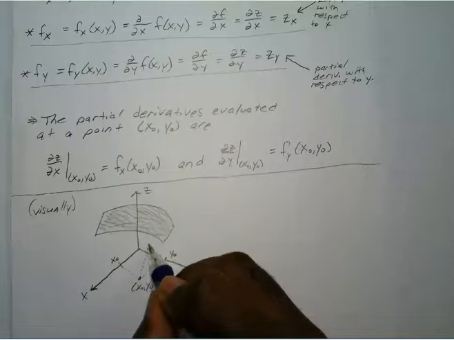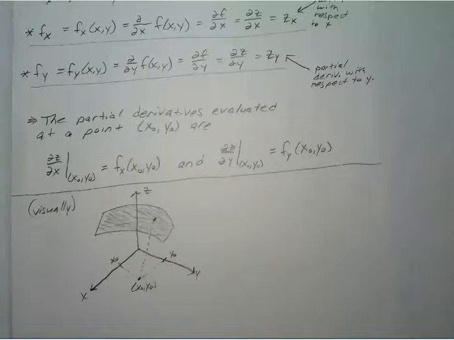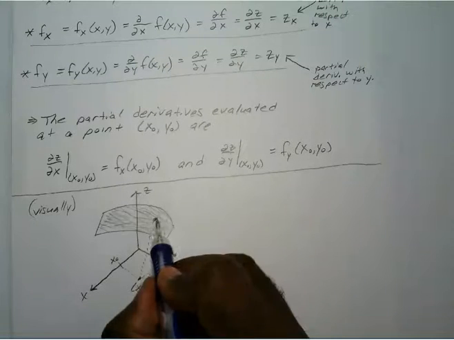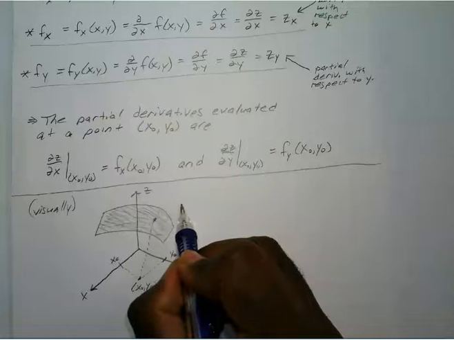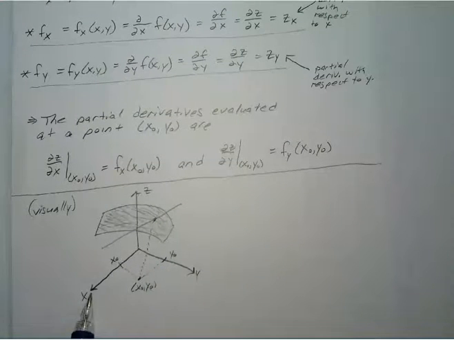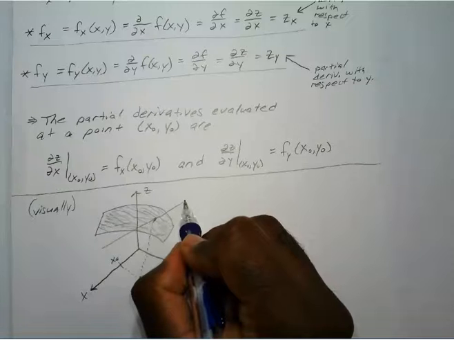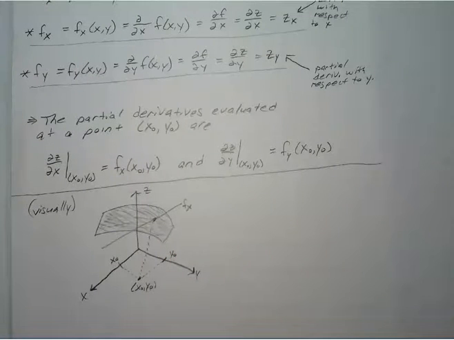Okay, so when we take that up to our 3rd dimension, this point will tell us the slope in the direction of our x-axis at that point.